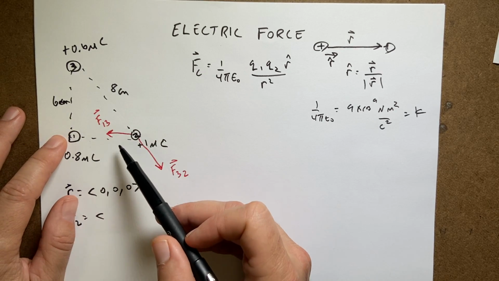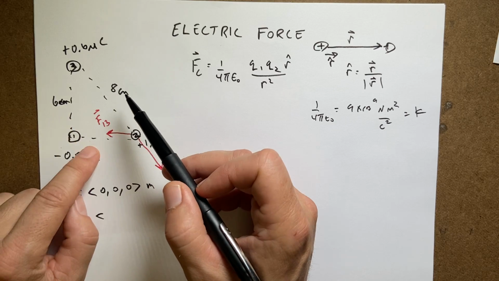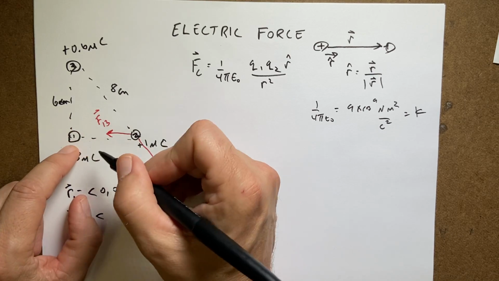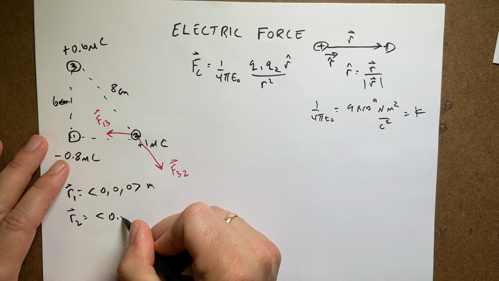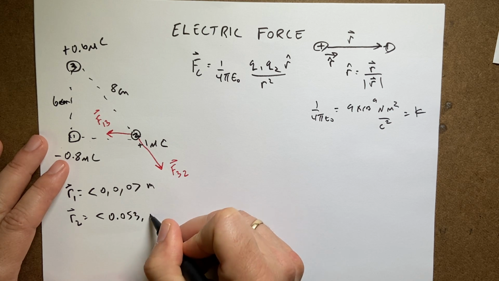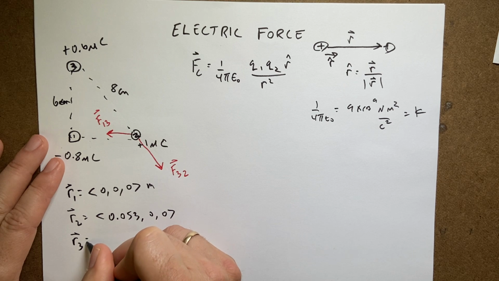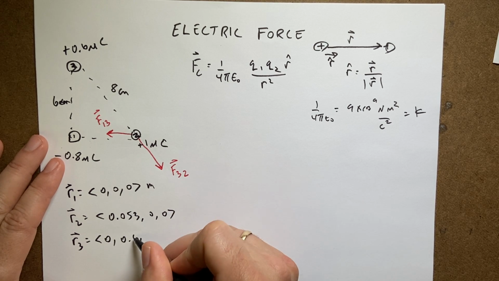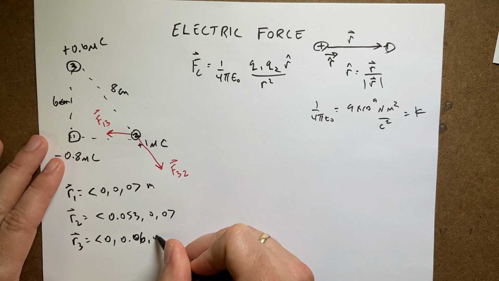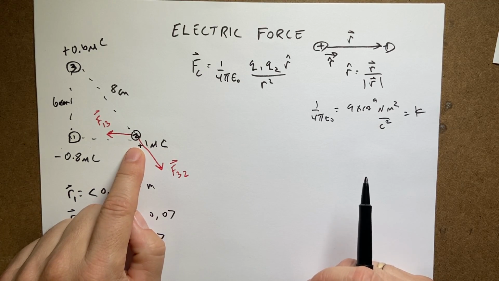But it's a right triangle, so that's my hypotenuse and that's one side. I can use the Pythagorean theorem to find this, and I get something like 0.053. So this is going to be 0.053, 0, 0, and then R3 is going to be equal to 0, 0.06, 0. So let's start finding this force right here since it's the hardest.